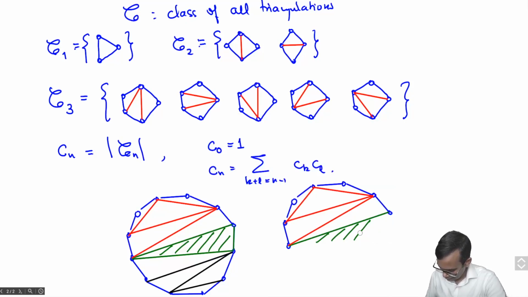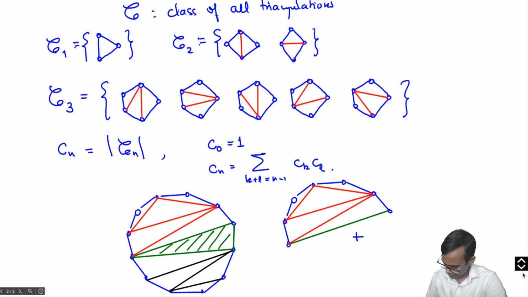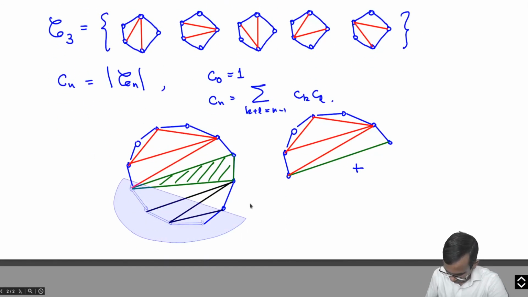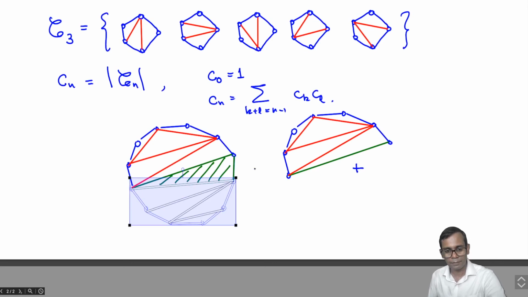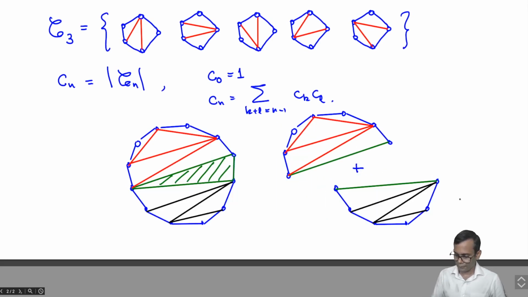And let's remove this, that's one triangulation, and I have that plus another triangulation, which is this other piece over here. And that bijectively realizes this Cn is equal to the sum over k plus l equals n minus 1 of CkCl.